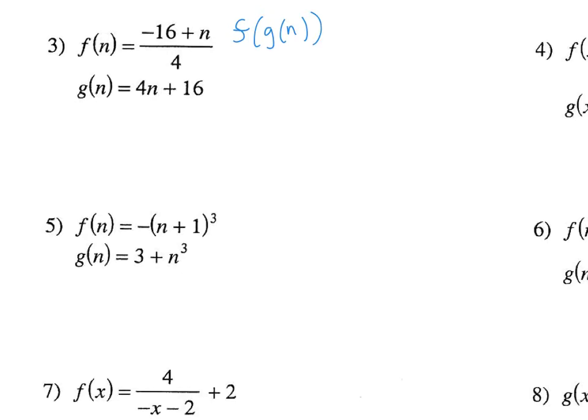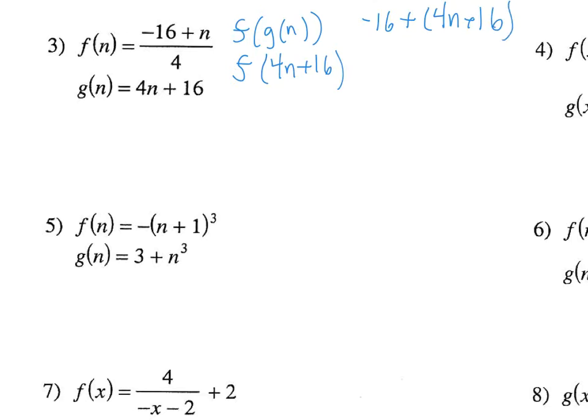And remember, that's going to start by simply putting what g of n is, which is 4n plus 16, into our f function. So that is negative 16 plus the entire input in for n.